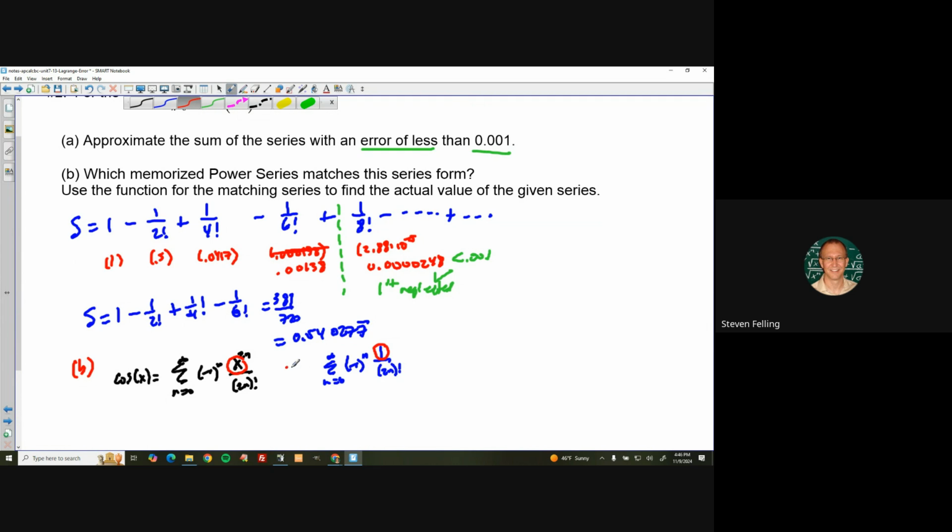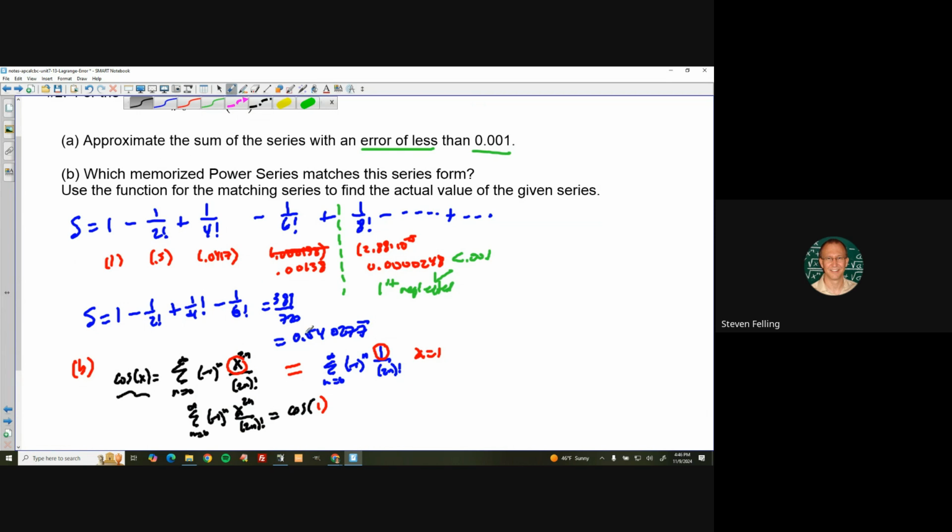So this is a match if x is 1. And that means that this series is equal to the sum from n equals 0 to infinity of negative 1 to the n of x to the 2n over 2n factorial, which is this function cosine with 1 plugged in.